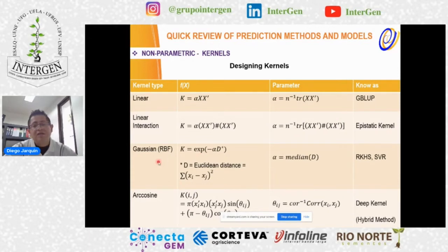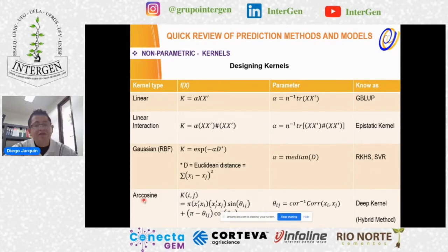Gaussian, based on RBF, applies a transformation to the metric, where in this case the metric is the squared Euclidean distance between the genomic information of pairs of individuals, and we just apply this transformation and optimize the parameter by using the median. These are particular cases of RKHS, reproducing kernel Hilbert spaces, or support vector regression.